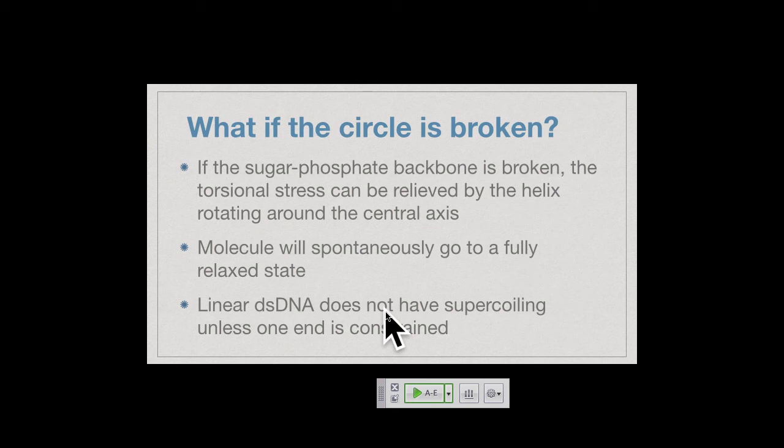But we also said that the DNA in the chromosomes of eukaryotic cells is linear, and it is supercoiled. Well, you can supercoil linear DNA if you constrain one end. So if I hold on to one end of the molecule, I can turn the other one. I'll show you, may or may not get to it today, a figure where even though the molecule is linear, it's constrained into loops, which effectively make it a circular molecule.